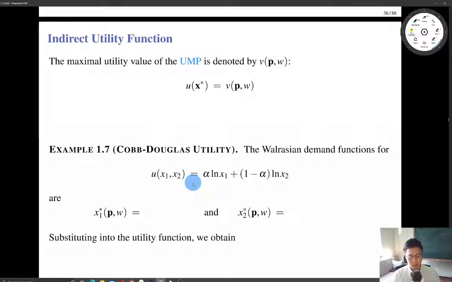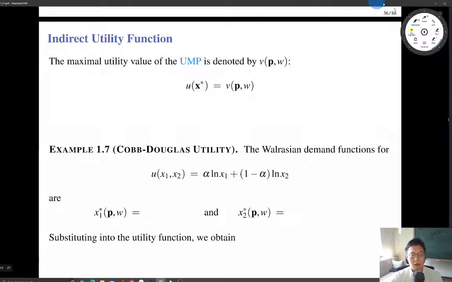So we talked about Walrasian demand. If we substitute Walrasian demand into the utility function, where x star is the optimal bundle, then u of x star is the level of utility from the optimal bundle.